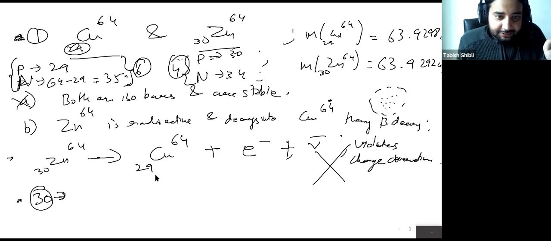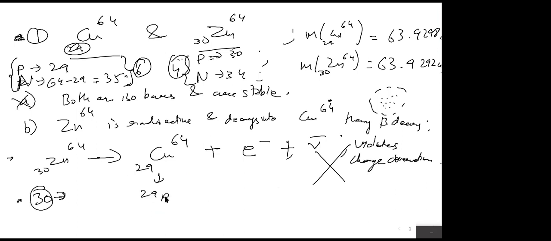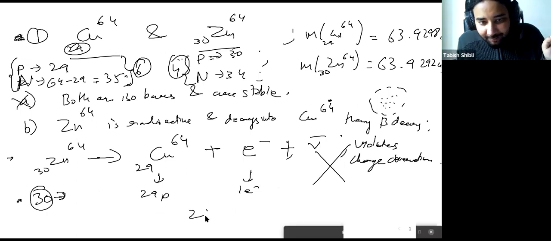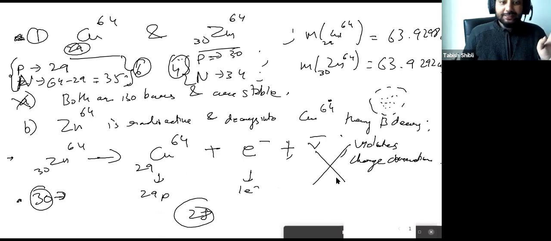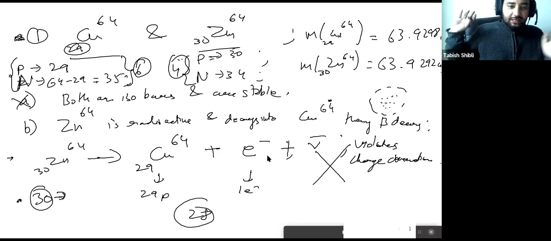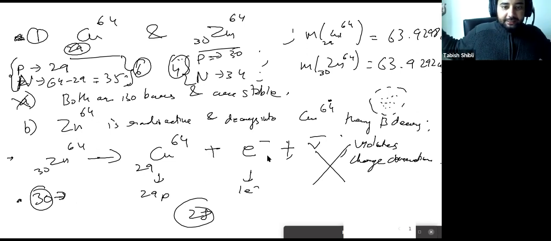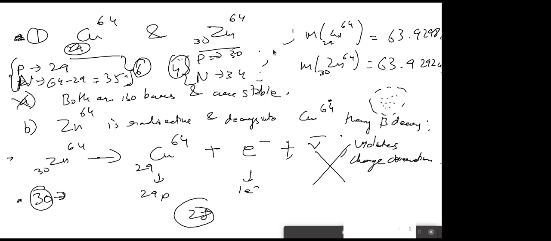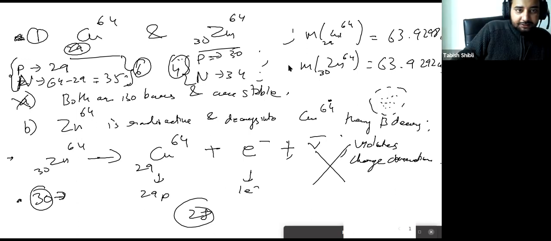On the right hand side, this has 29 protons and this has one electron, so the total positive charge will be 28. So this violates charge conservation, because on the left hand side the total charge was 30 and on the right hand side the total charge is 28. Charge is disappearing. That cannot happen. Does that make sense? Yes, sir. Lovely.